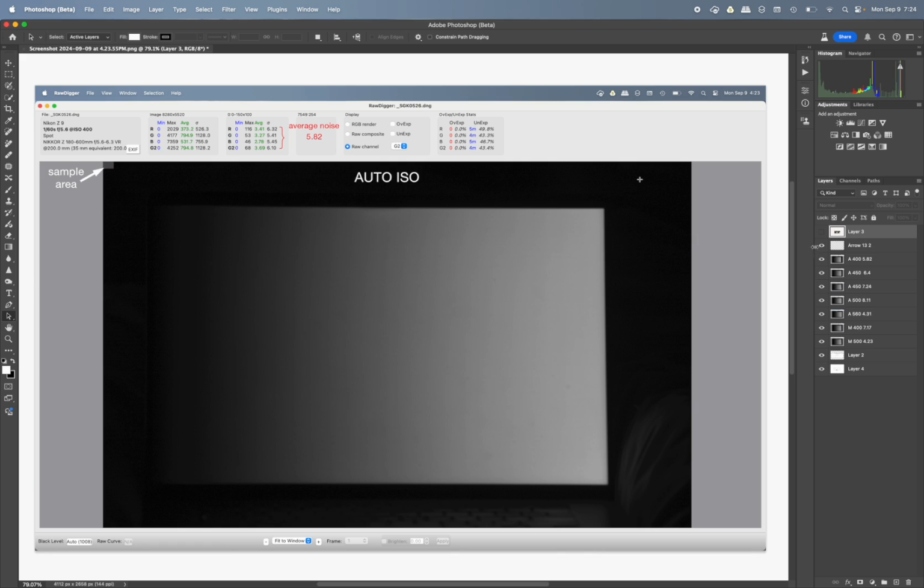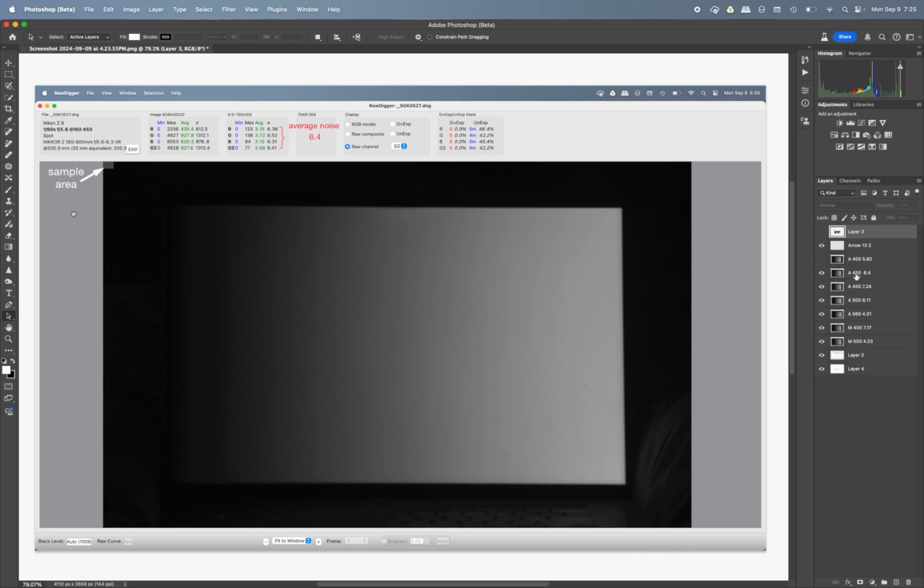This first image, auto ISO, we're looking at ISO 400, and the average noise of all the channels was 5.82 theta. I then moved the metering point over slightly, and I was able to get an ISO of 450.